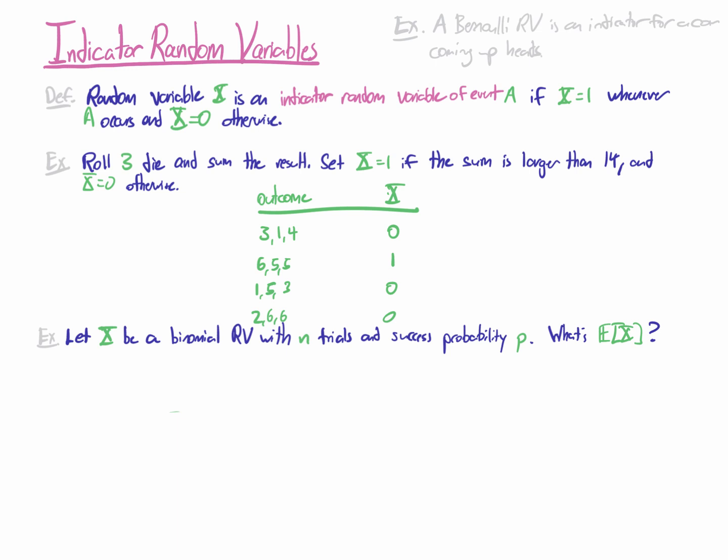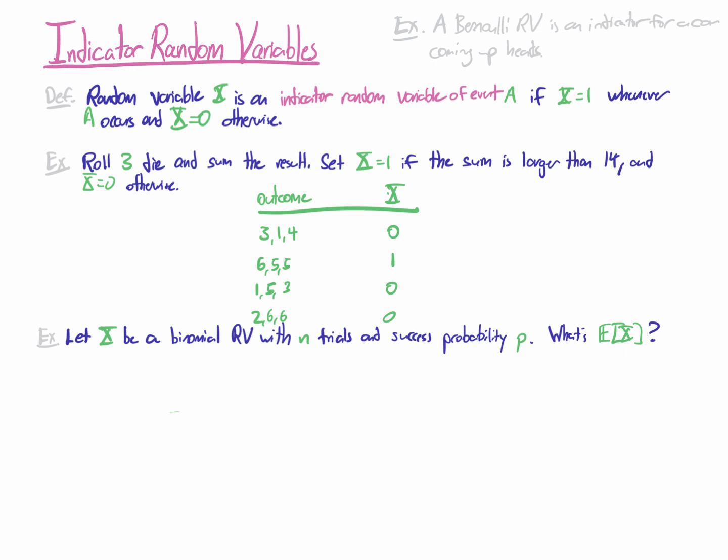We've seen the binomial distribution recently. Let x be a binomial random variable with n trials and success probability p. What's the expectation of x? So in other words, if I flip n coins, each of which has probability of heads equal to p, what's the expected number of coins that will come up heads?